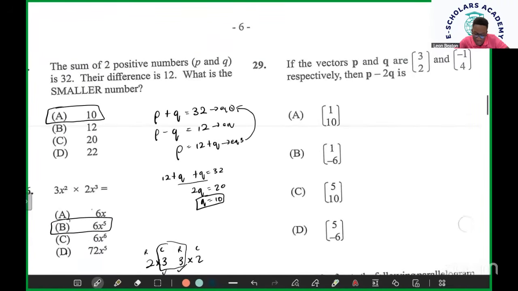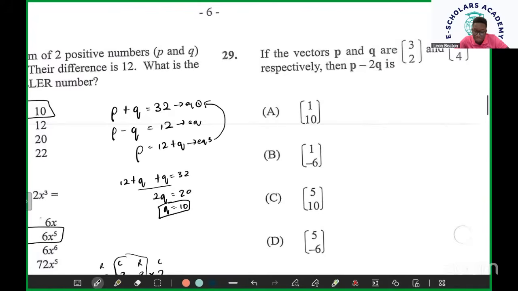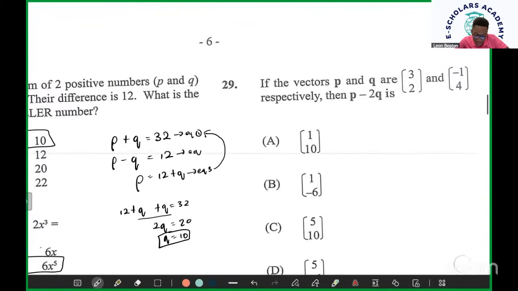So item 29. If the vectors P and Q are (3, 2) and (-1, 4), and P minus 2Q is, we know P is this, so we can say (3, 2) minus 2Q. 2 times negative 1 is negative 2, 2 times 4 is 8.